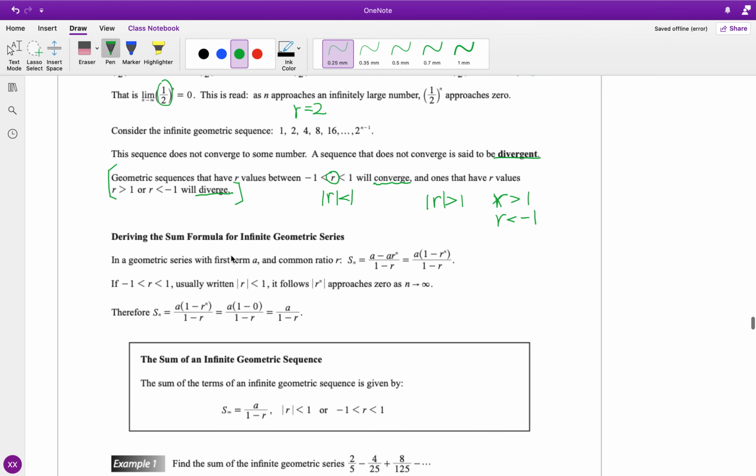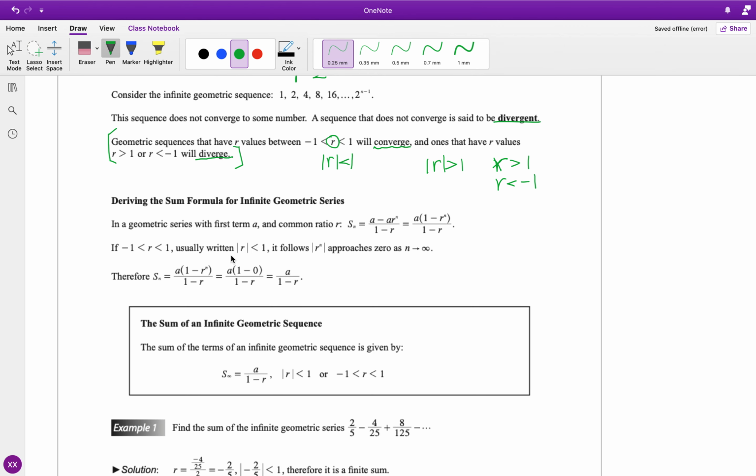All right, so now let's take a look at the formula of the sum when the geometric sequence is infinite. We start from here.